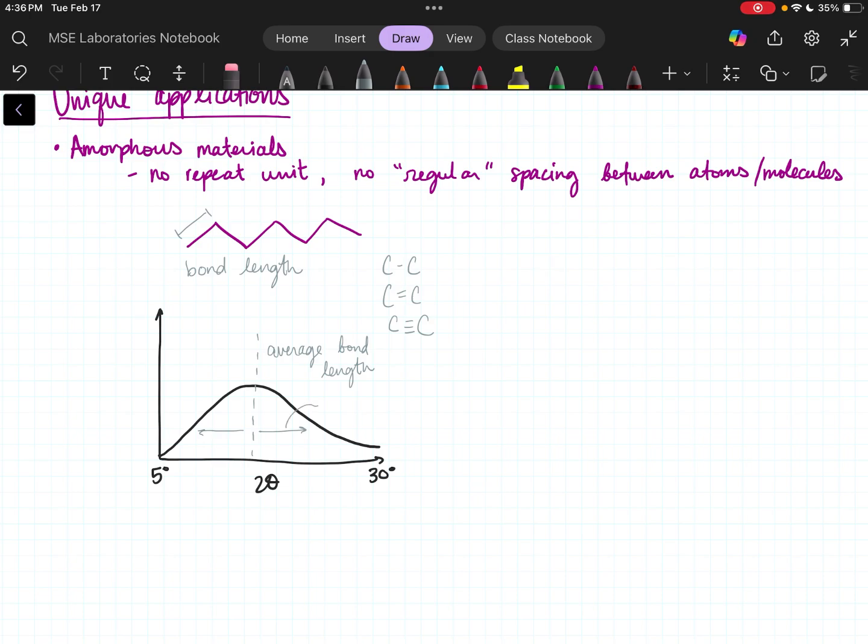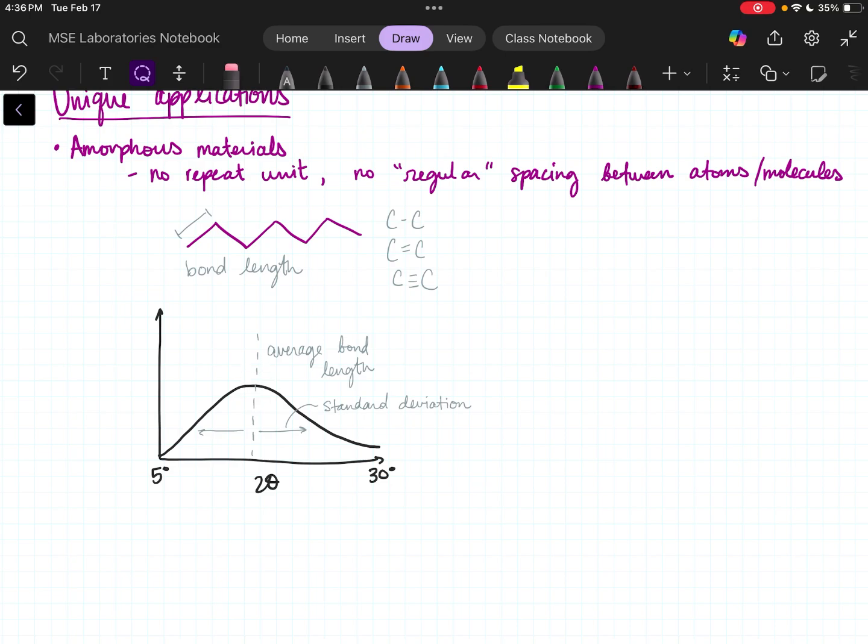I can do this statistics thing where I've got the average bond length. I can also look at standard deviation, sort of like the width of the peak. So I can get ideas of maybe, are most of my bonds carbon-carbon double bonds or carbon single bonds.